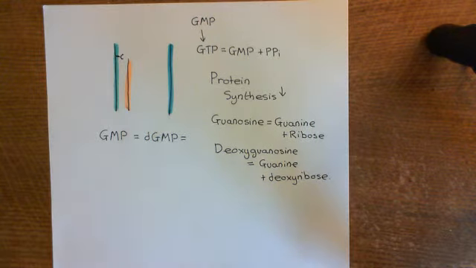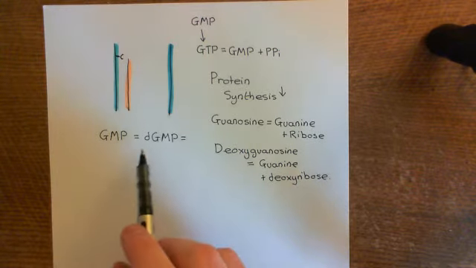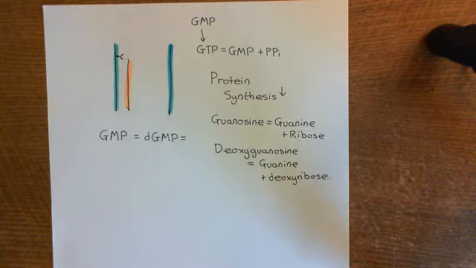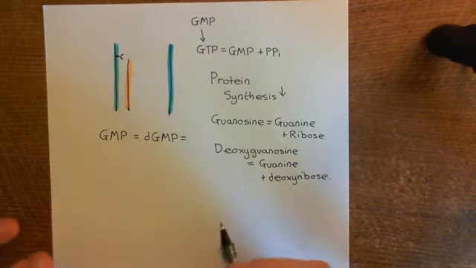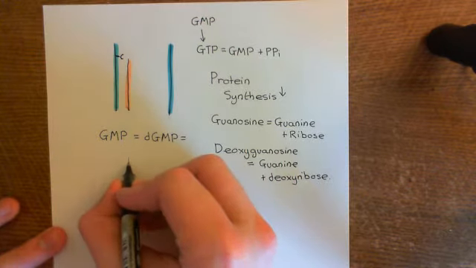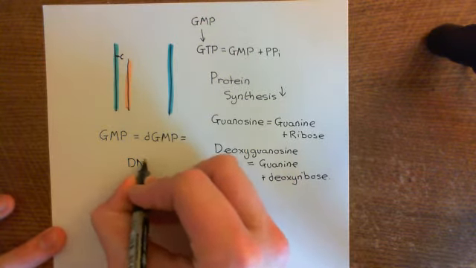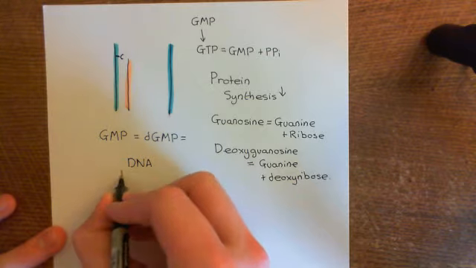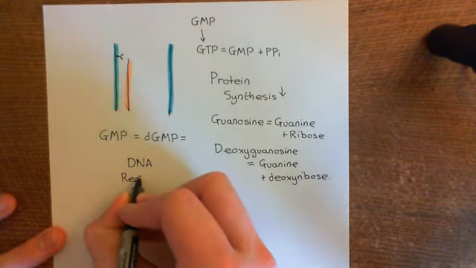And if you don't have any deoxyguanosine monophosphate, you can't copy the DNA, because that's what you need in order to add into the DNA. Well, again, you're going to add in deoxyguanosine triphosphate, but of course you synthesize deoxyguanosine triphosphate from deoxyguanosine monophosphate. So DNA replication is going to be hugely reduced if you can't produce guanosine monophosphate.